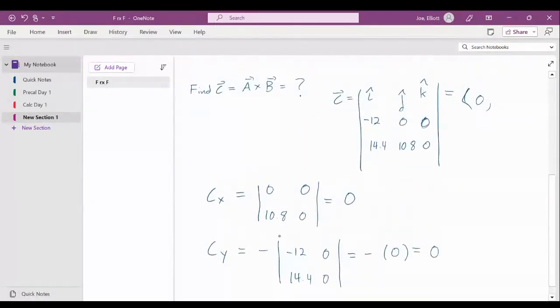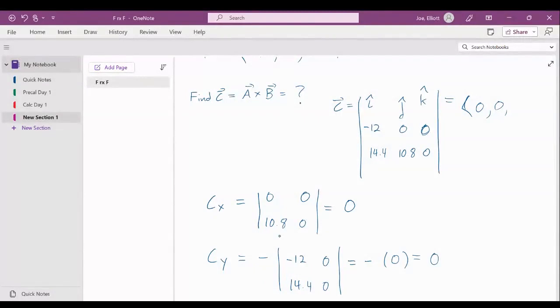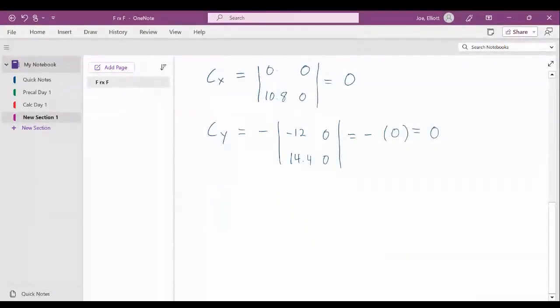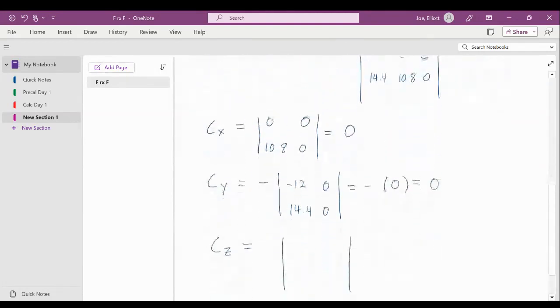So I'm just going to put 0 here. And then for CZ, I'm going to cross out the top row and the last column.